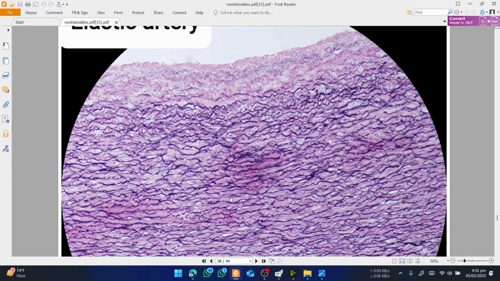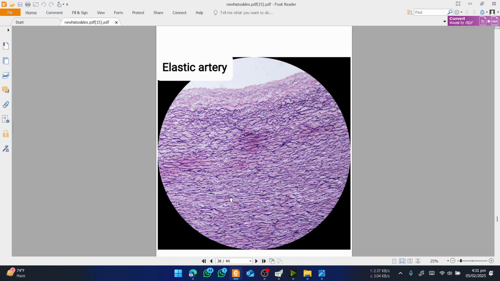In this particular picture, this is the tunica intima, this whole part is tunica media, and somewhere below it will be tunica adventitia, and on the top of that will be squamous cells. There is a large number of fibers between, maybe an equal number of muscle and elastic fibers.